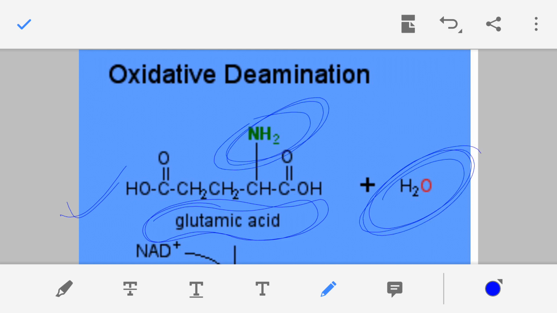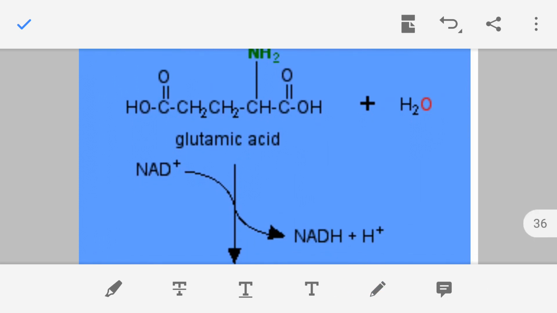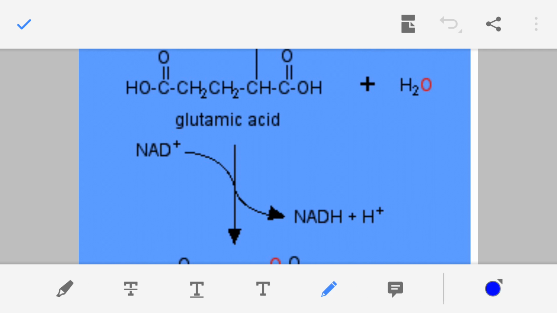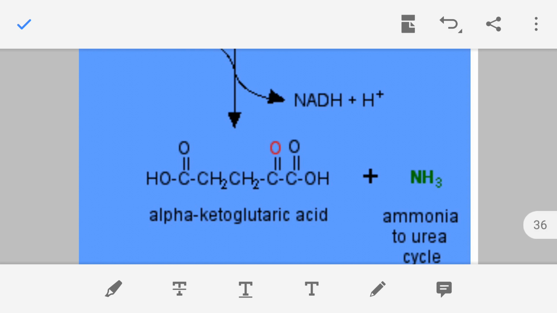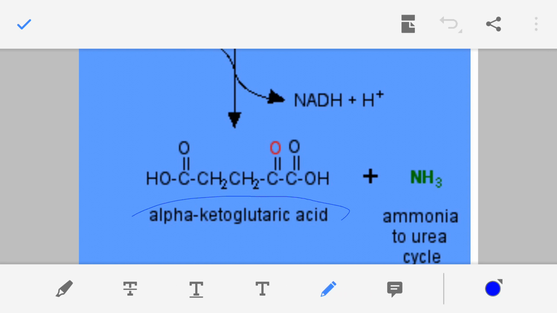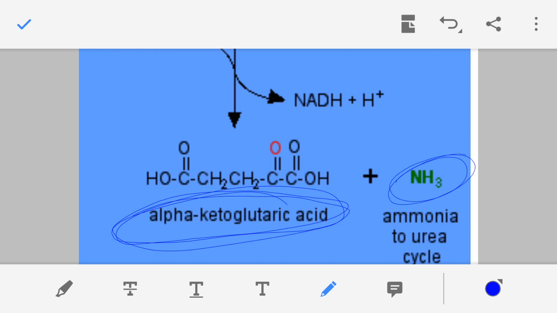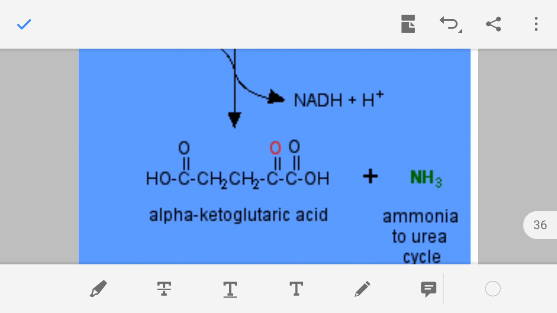This is amino group NH2. NAD, nicotinamide adenine dinucleotide, is reduced to NADH2, and glutamic acid is converted into alpha ketoglutaric acid, and there is a release of ammonia.